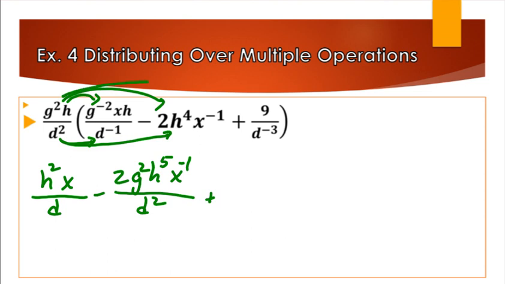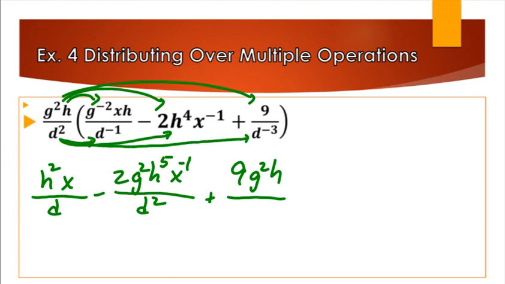plus 9g squared h over, 2 plus a negative 3 is d to the negative first. So let's simplify this.